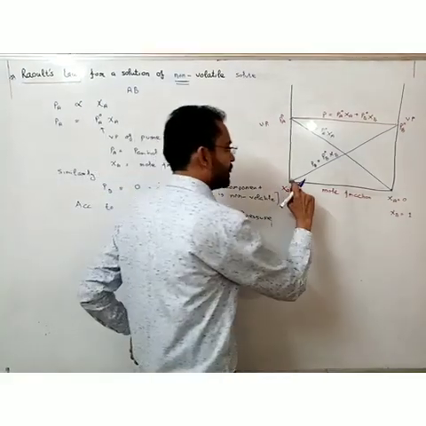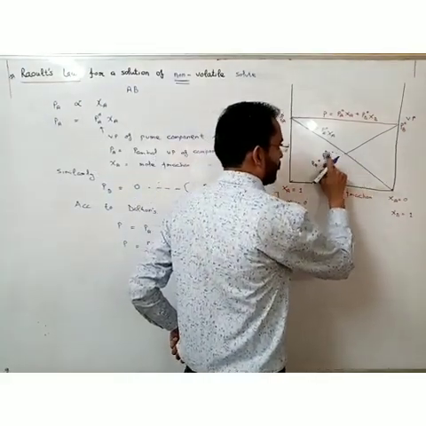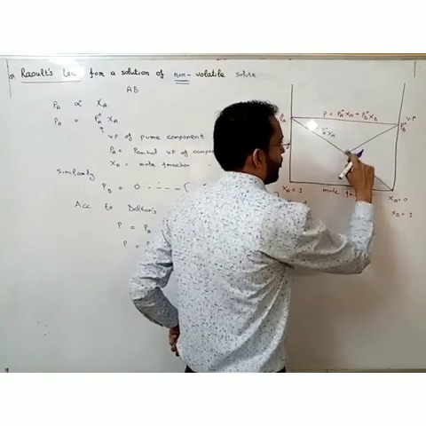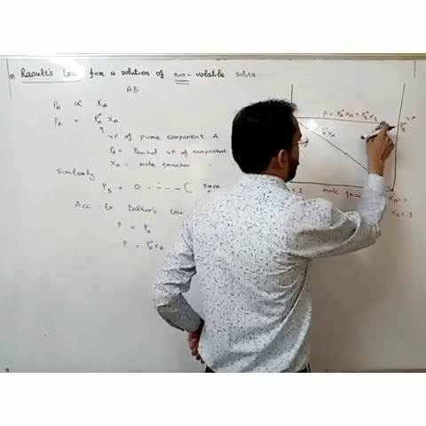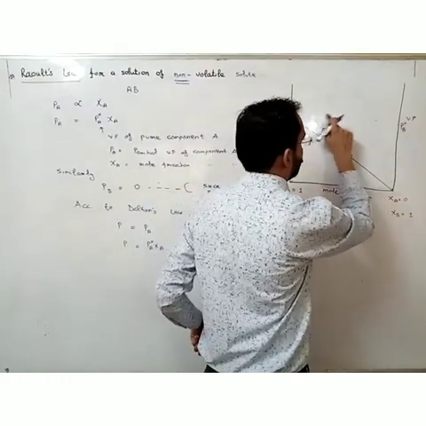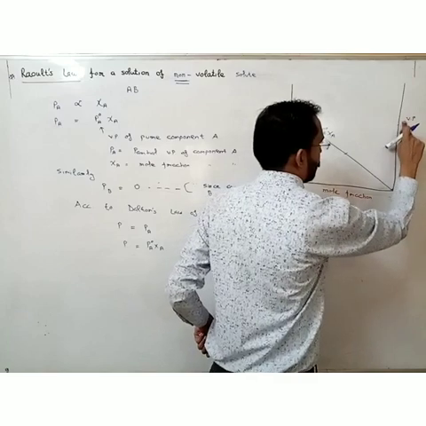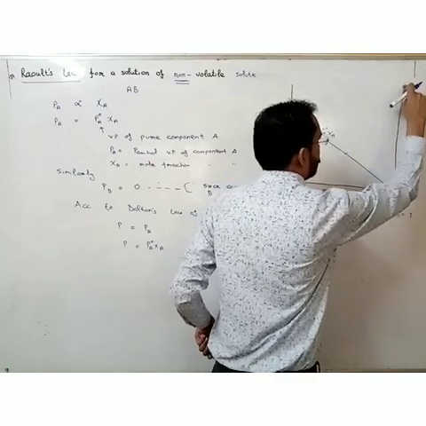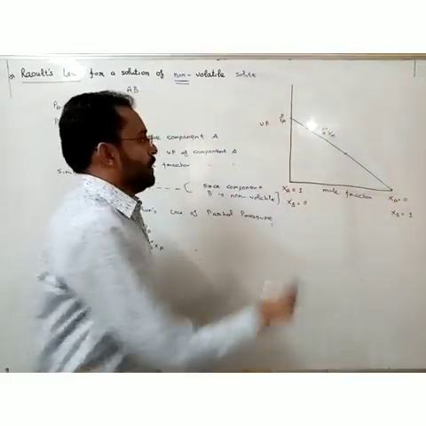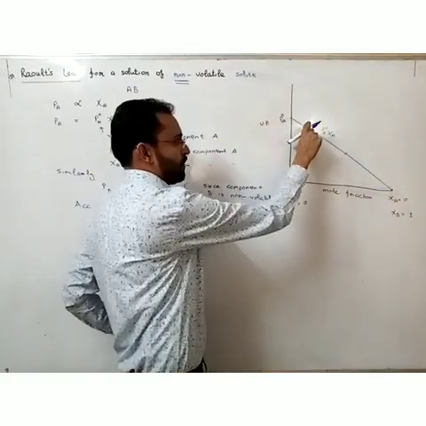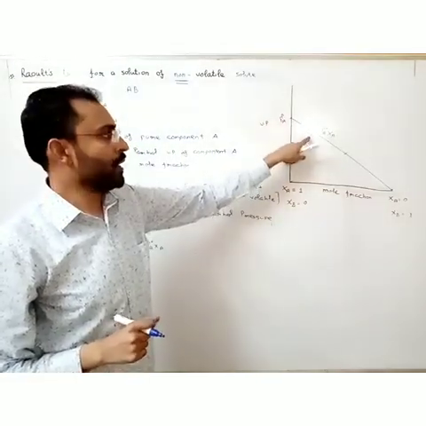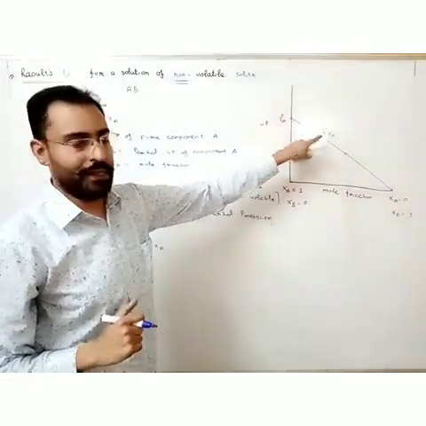Graphically, this line is non-existent. So vapor pressure of solution is only because of its volatile component, and that is A.